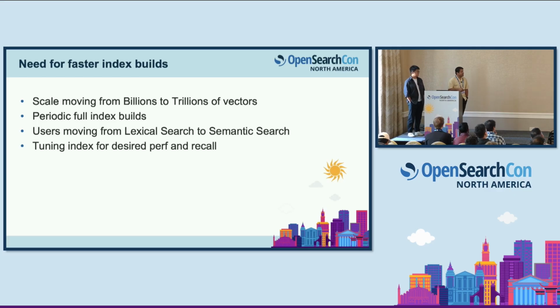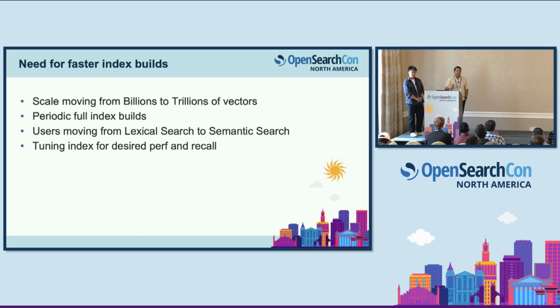The second thing which we are seeing, at least in terms of customer experience, is people are trying to rebuild the whole index again. They are doing daily jobs, maybe weekly jobs to rebuild the whole index. One of the reasons we have identified is they are changing their models. They are not happy with one model. After a certain point in time, they want to change it.